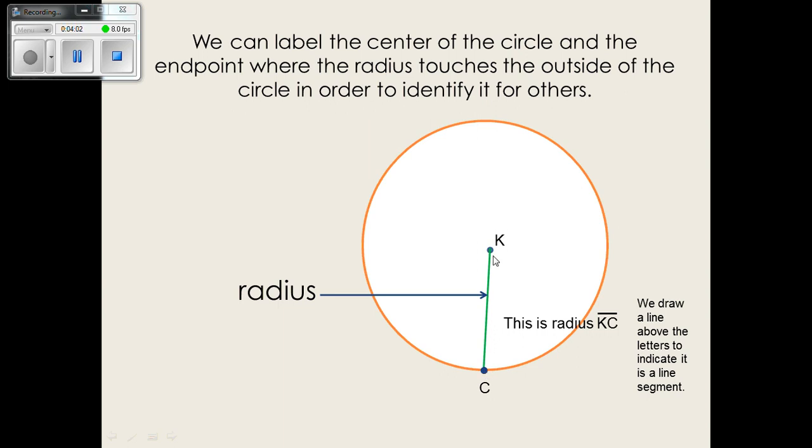So I still have my center point labeled K, and then I labeled this endpoint C. So we can refer to this as the radius, line segment KC. And we're going to draw a straight line above the letters to indicate that it is a line segment, which means it is a straight line with a definite beginning and end. And this line begins and ends at K and C.